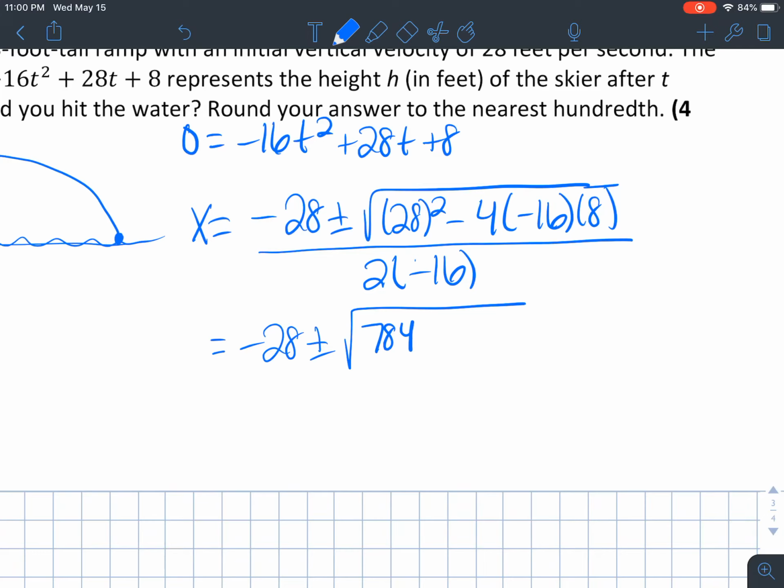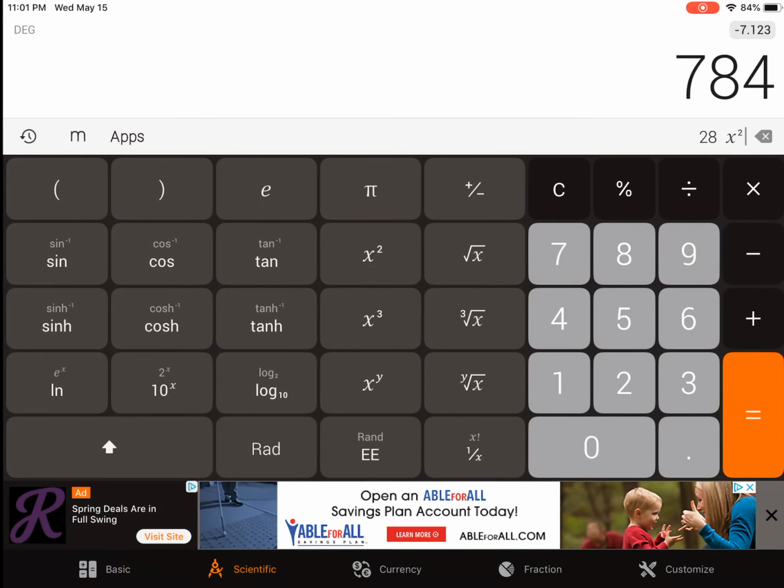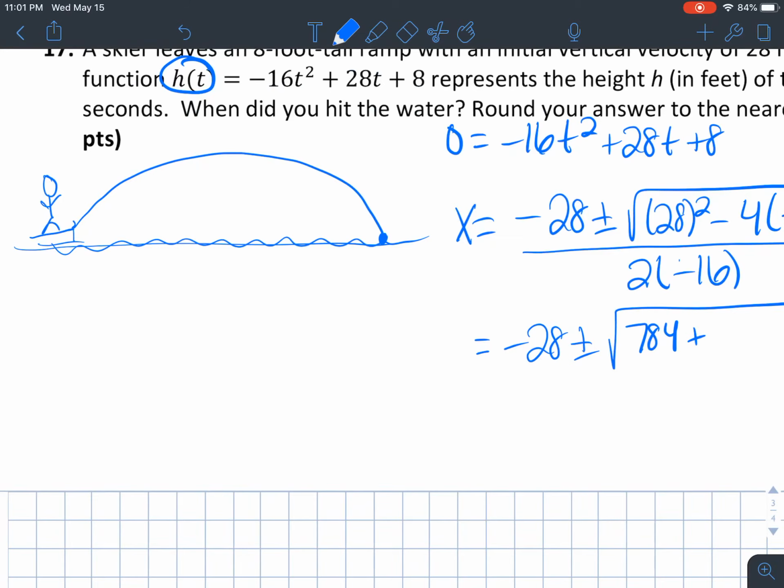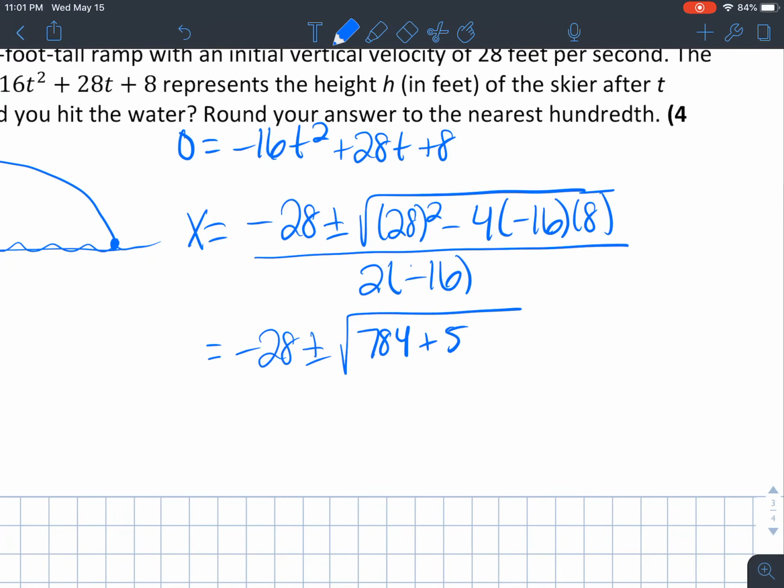Here I've got two negatives, so it's going to be a plus. 4 times 16 is 64. 64 times 8, I should know that one, 512. All over negative 32.